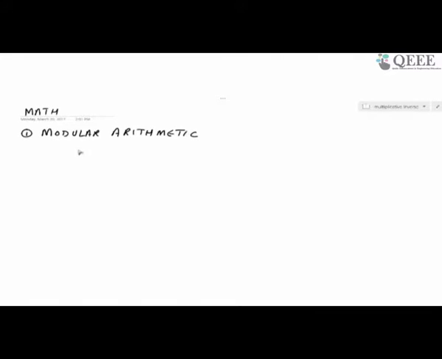We had defined that A congruent to B mod M means that when A is divided by M and B is divided by M, they leave the same remainder.